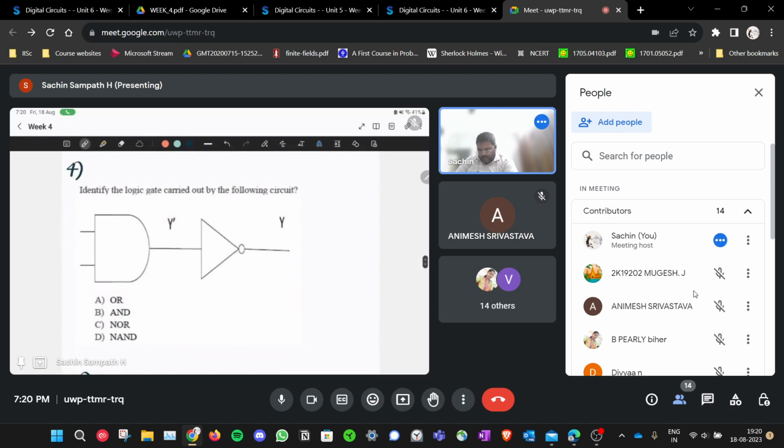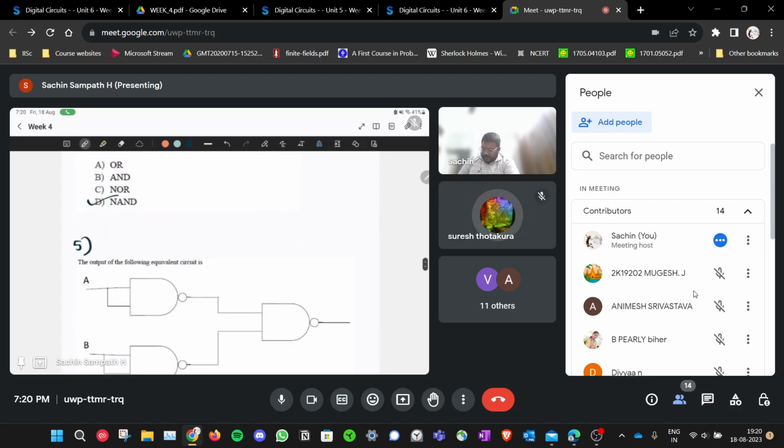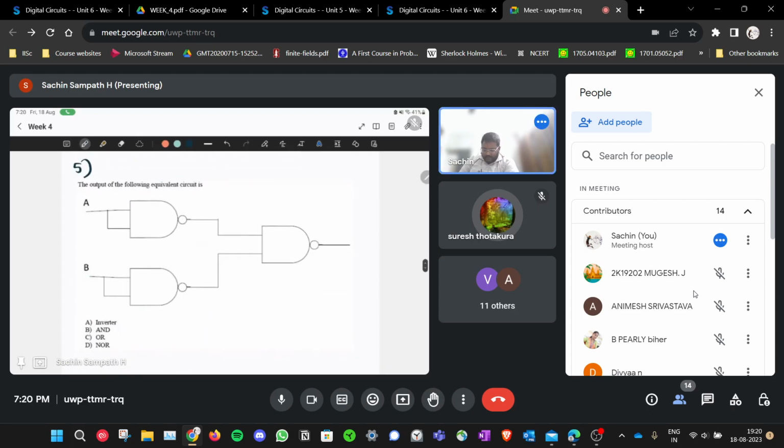Okay. Identify the logic gate carried out by the following circuit. Who will tell me the answer? What about this one? Somebody said AND. Let's check it.